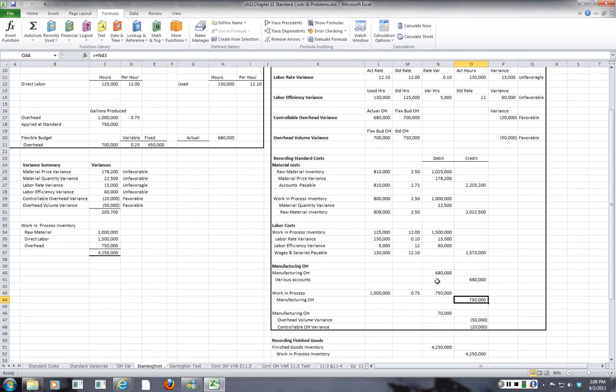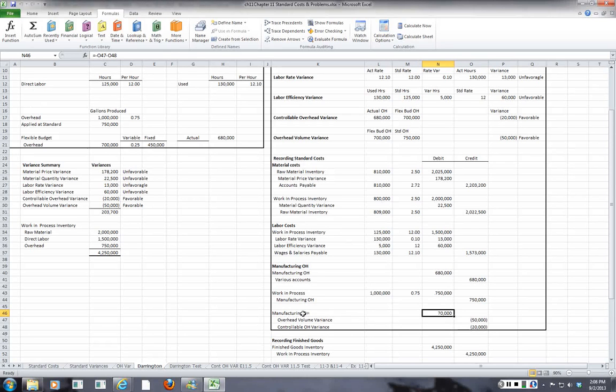So now we've debited manufacturing overhead here for $680,000 and credited it for $750,000. The difference between those two is comprised in this journal entry here, which is done separately. This is the way the text wants to do it. So we've got $70,000, which is the difference.